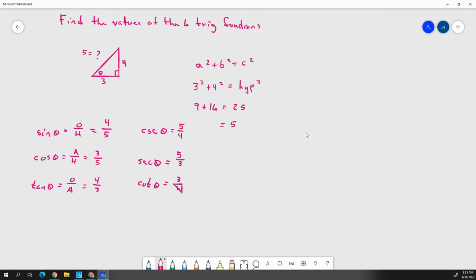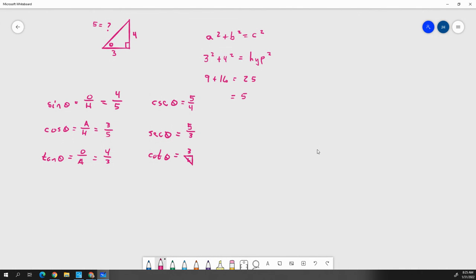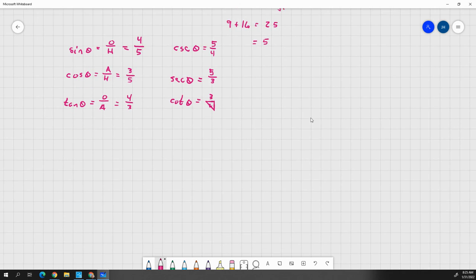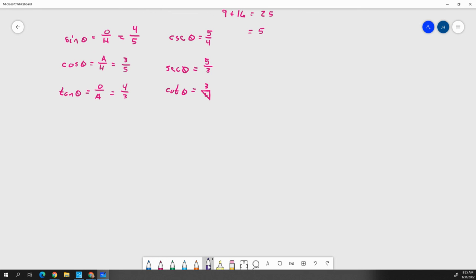So I'm going to have you guys do one, and I'm only going to ask you to find sine, cosine, and tangent. Everybody needs to participate because it is how I'm taking attendance today.